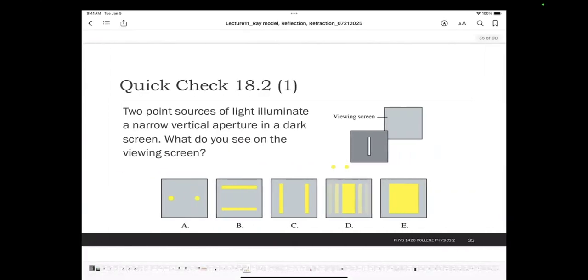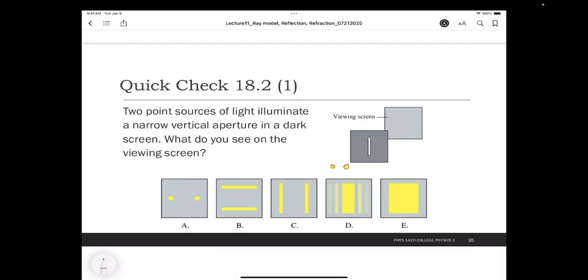Okay, let's talk about this question. Two point sources of light illuminate a narrow vertical aperture in a dark screen. What do you see on the viewing screen? You can see here, this is a point source, and this is a point source.